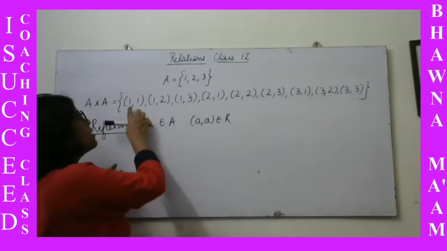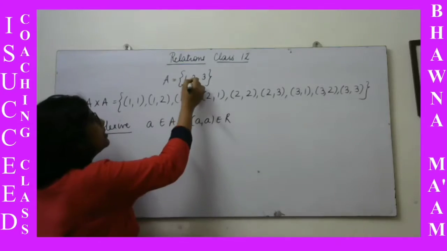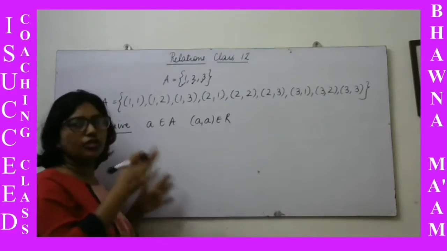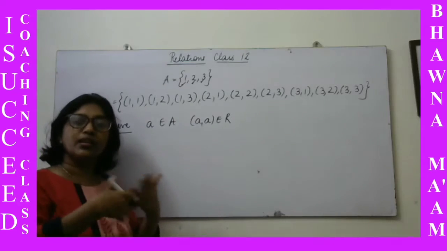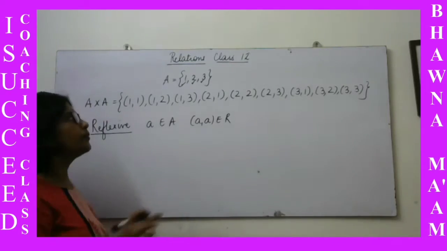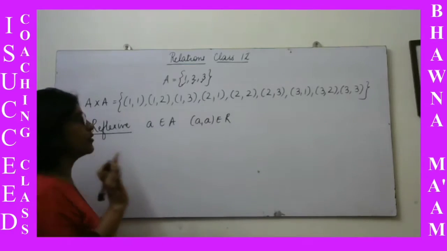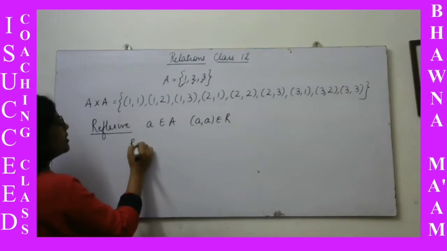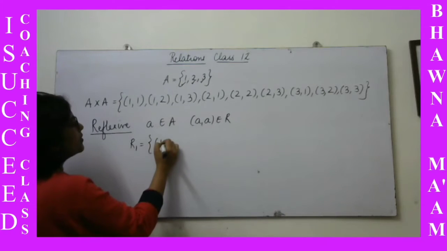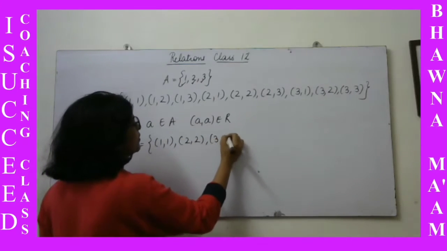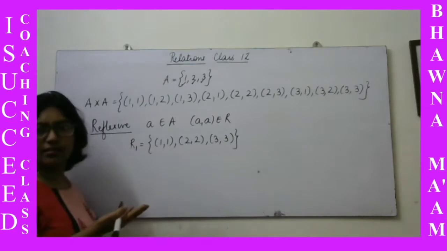The main thing is (1, 1) should be there if 1 is there, (2, 2) should be there if 2 is there, and (3, 3) should be there if 3 is there. Besides this, और भी entries होगी तो fine, it's okay. But इतना compulsory है. (1, 1), (2, 2) and (3, 3) is a must. Okay, so I can write the relation as (1, 1), (2, 2), (3, 3). Okay, this is one. This is identity relation.